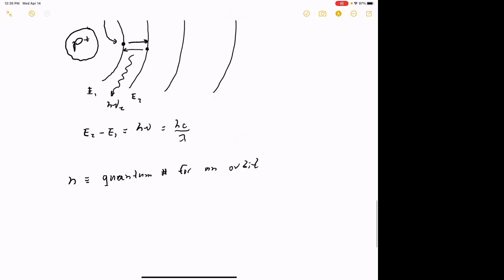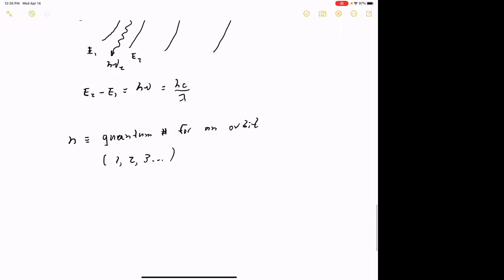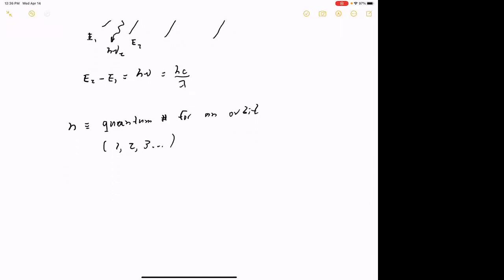These have to be integer values, starting at 1, 2, 3, and then going upwards as far as we need to go. Now, he also in his model defined an orbit radius. That's called r sub n. This tells us something about the size of the atom.